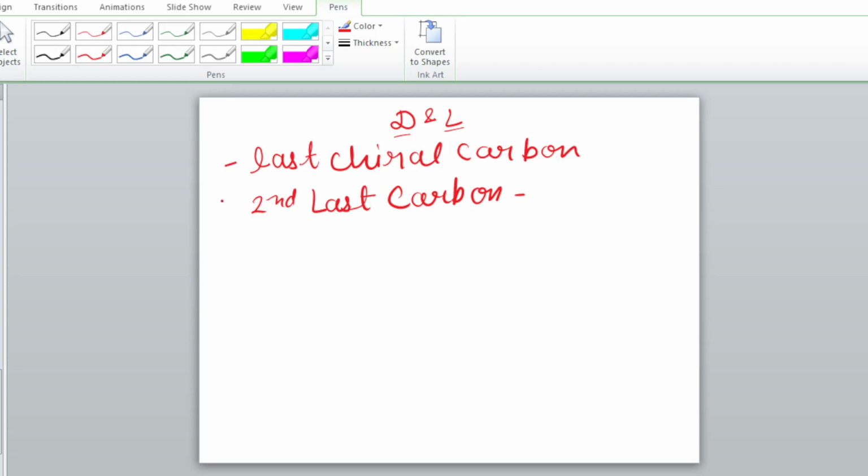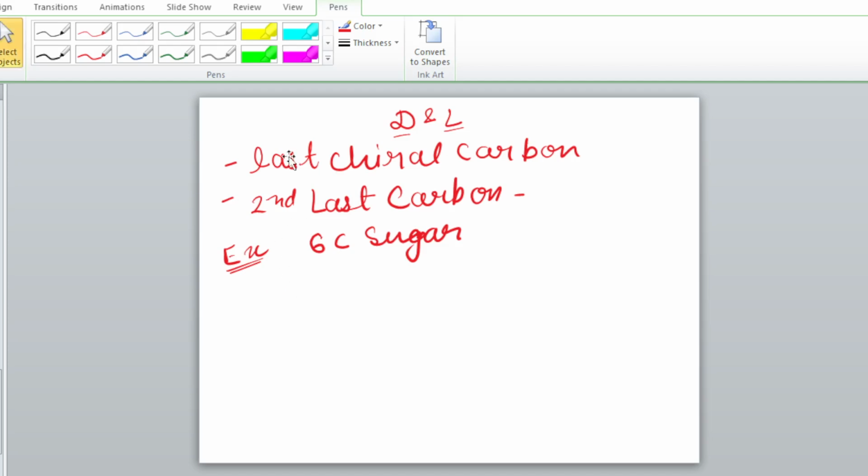What is D form and what is L form? Now we are taking an example. We are taking a 6 carbon sugar. One is D form aldo sugar, and one is L form aldo sugar.